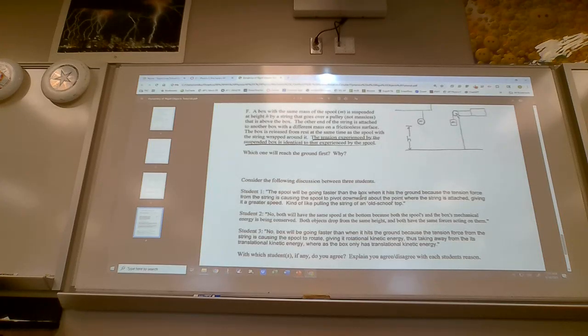What was the example when mechanical energy wasn't conserved? If I lifted this, there would be positive work done by the tension. If I did that, where the center of mass was, that's bad.